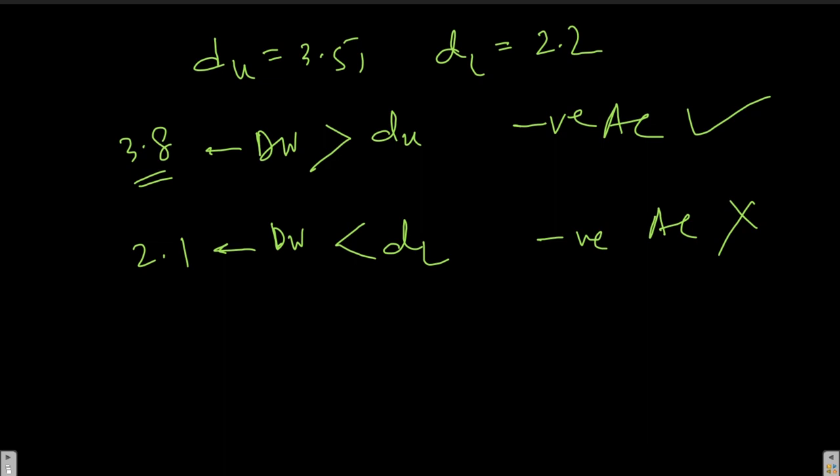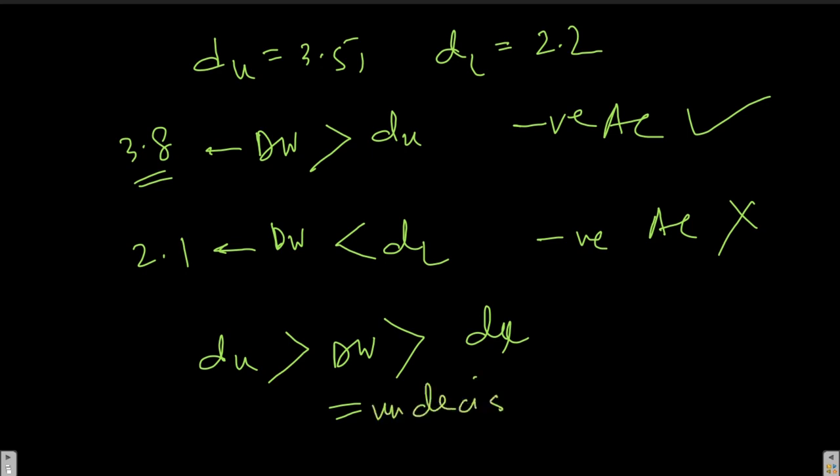And similarly, if my dW is lower than du and higher than dl, then we say that it is undecisive. We really do not know whether there is a significant negative autocorrelation or not.